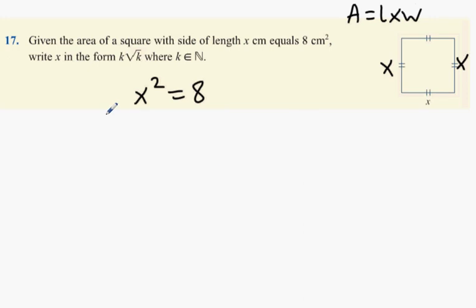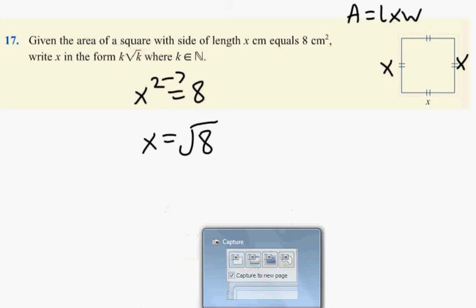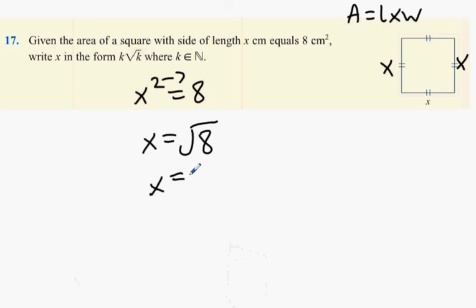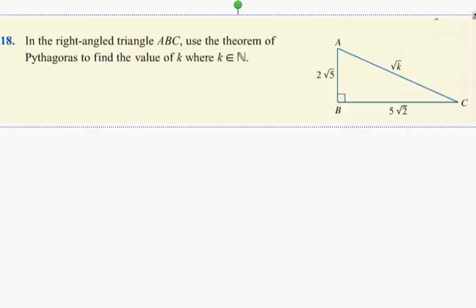What's your width? That's x times x, x squared. What happens when you bring the squared over the other side? You square root both sides, yeah? And then you get root 8, and this took about 2 seconds yesterday. The answer is 2 root 2. Okay, good with that.